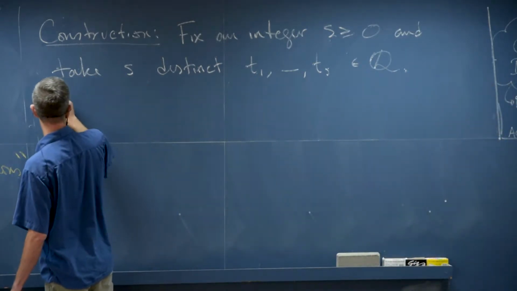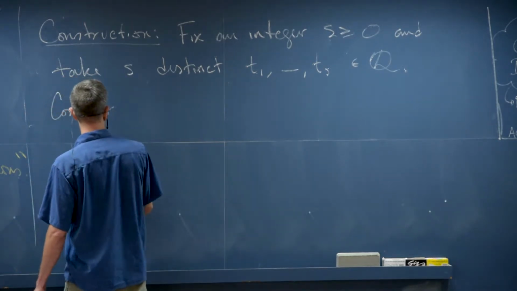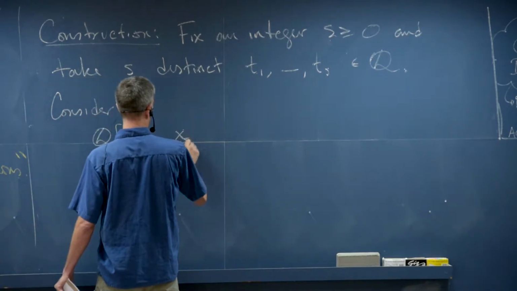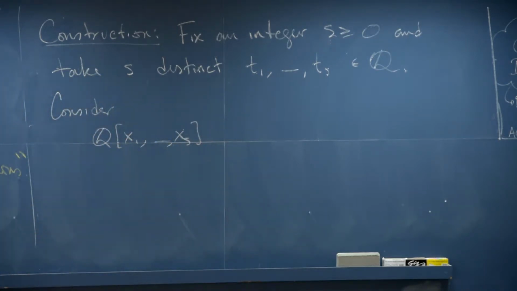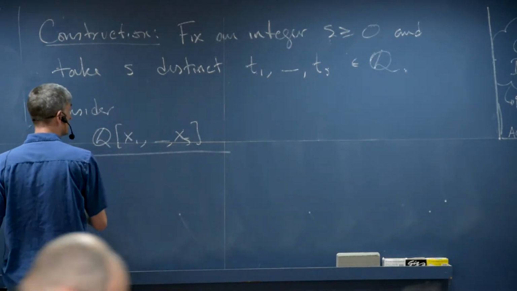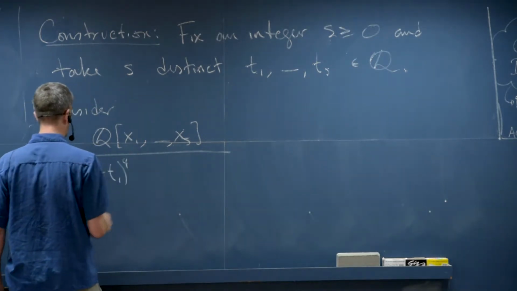And let's consider the ring of polynomials in the same number of variables over the rationals, mod (x1 minus t1) to the fourth power, why fourth?